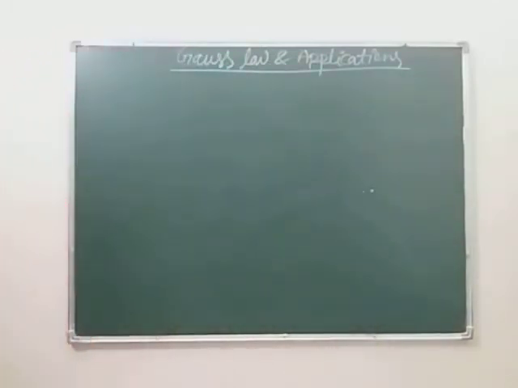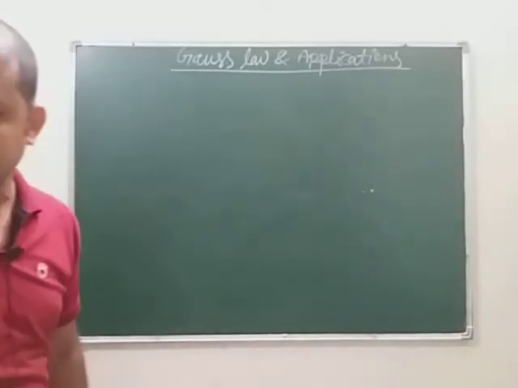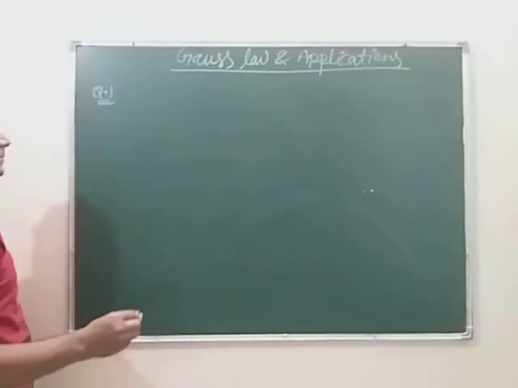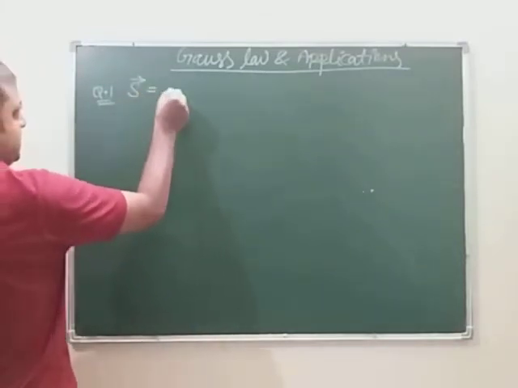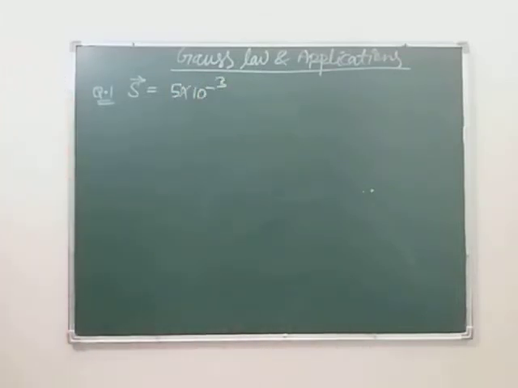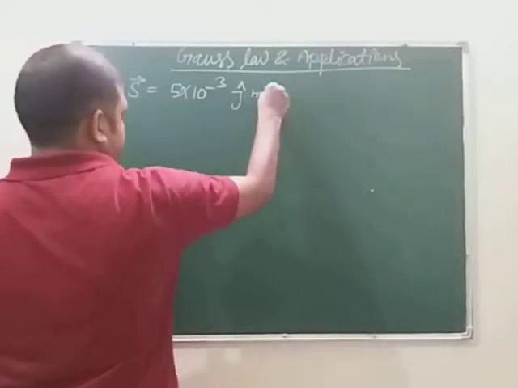Gauss law and applications. So question number 1: the area vector is given and the electric field is also given. Then what is the question asking? To calculate flux. So S is 5 into 10 raised to power minus 3 J meter square.